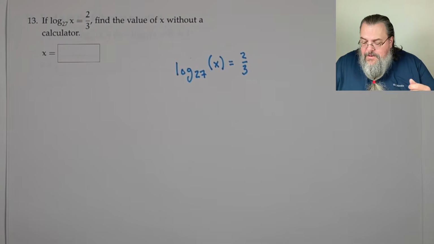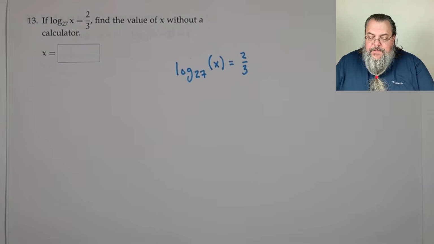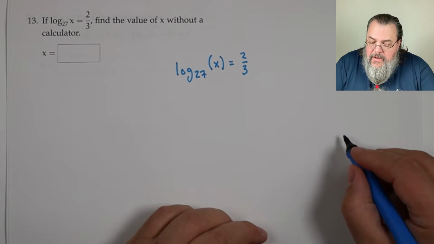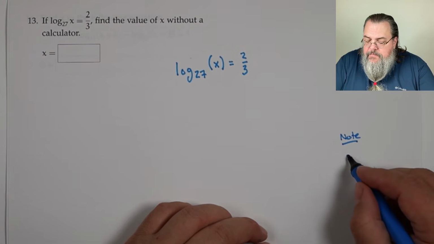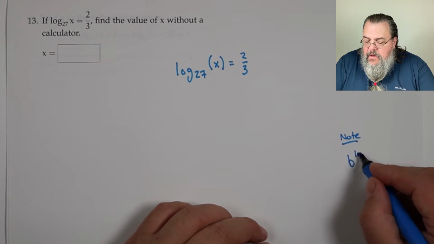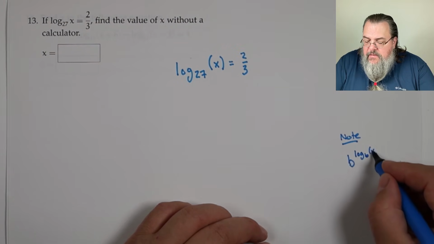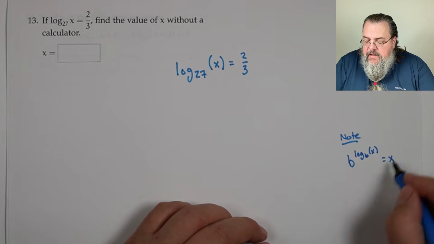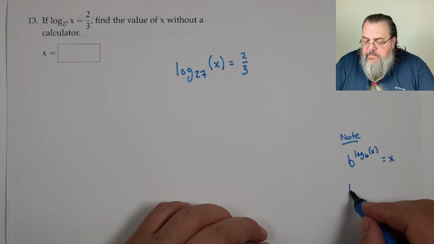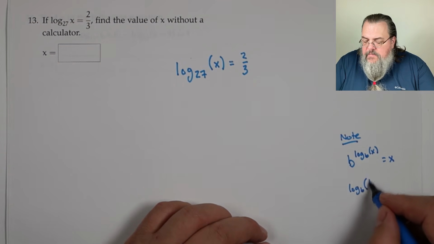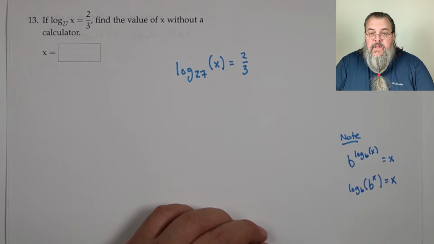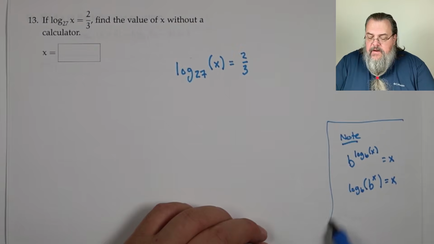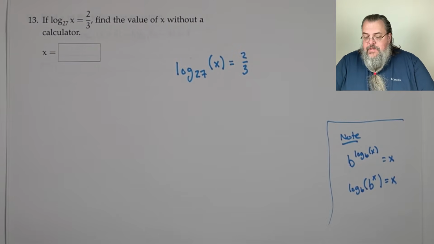So, in other words, we have the following. Note, we'll do it in the corner: b to the log base b of x is x, and log base b of b to the x is x. So this is the idea that we can undo using exponential functions.